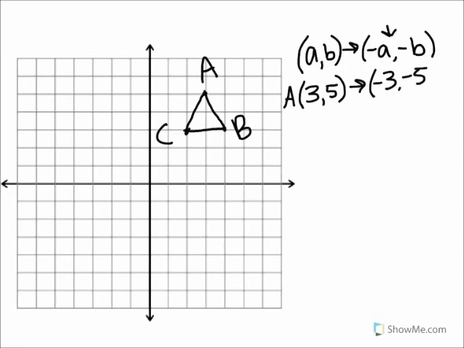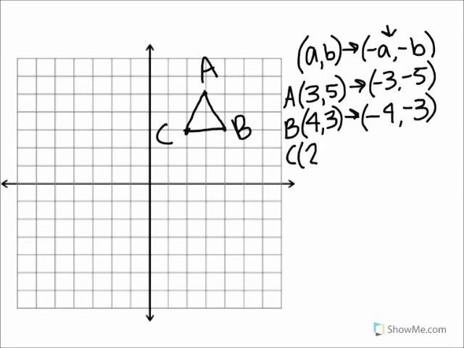Our next point is B, and the points for B are (4, 3), and it will become (-4, -3). And finally, we have point C, which is (2, 3), and becomes (-2, -3).